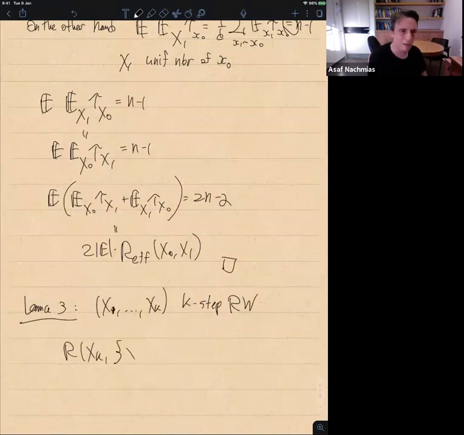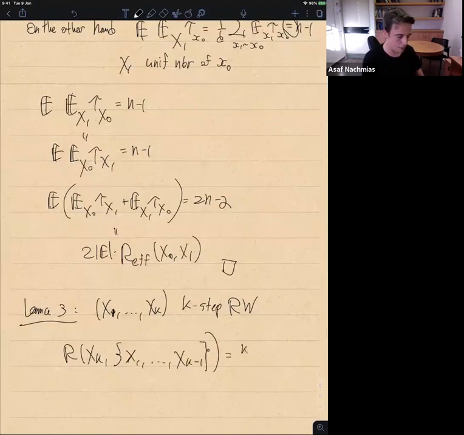Sorry for this, but it will be easier for me to start this time the random walk from 1 instead of 0. Again, x1 is a uniform vertex, and I'm looking at the resistance between the last vertex and all of the past. This time it's not immediately clear what the answer should be, but the answer should be k over k minus 1 times d, 1 plus little o of 1.